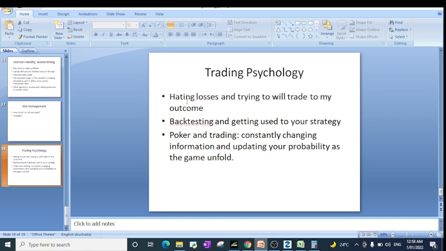So, trading psychology. One thing that happened to me, when I was losing money consistently, man, I hate losing. I mean, most people probably hate losing, but I have a sick feeling in my stomach when I lose. It's not even because of the size of the loss, because I've never taken any loss that is too damaging.